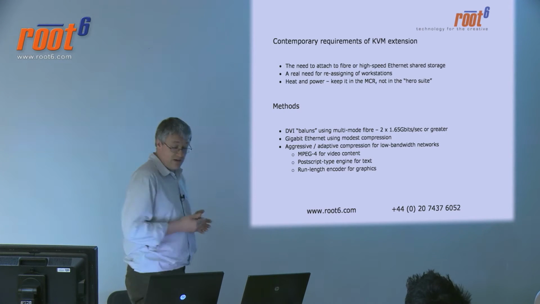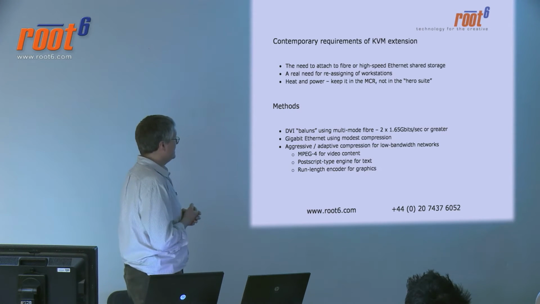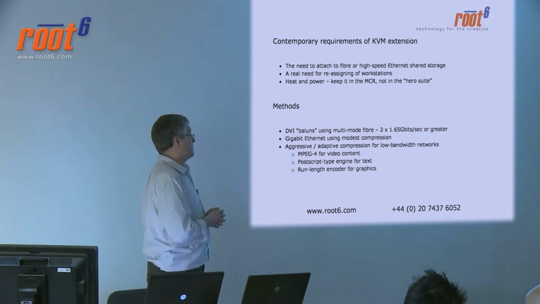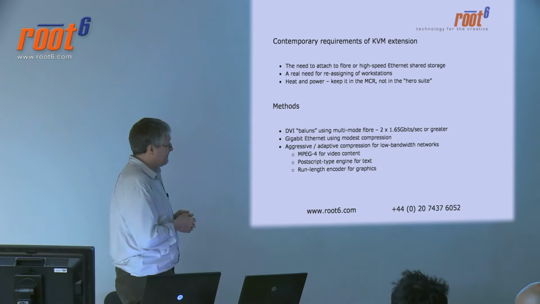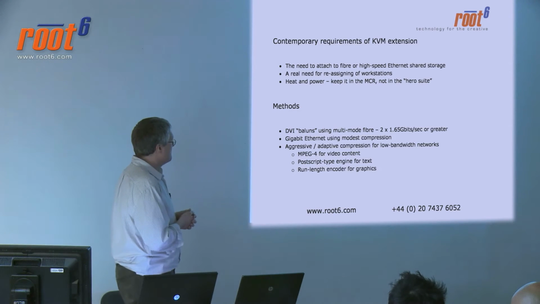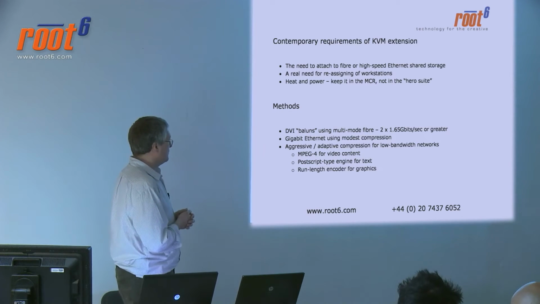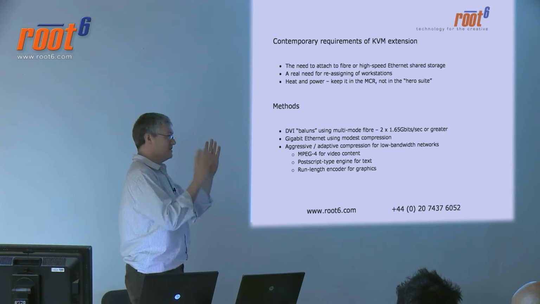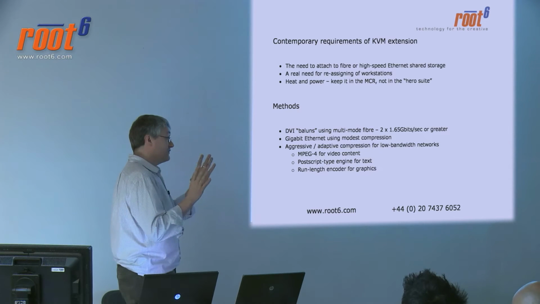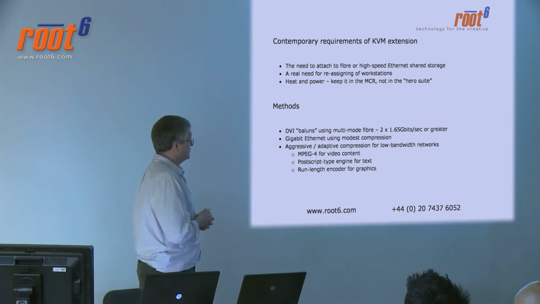Or, in the case of Amulet, which we think is the better way to do it, you can use very aggressive and adaptive compression. Typically, for systems based around Amulet, which we're showing today, MPEG-4 is deployed for any video content found within the interface. So on your Avid Media Composer, the playback window, the system will identify that as video and use something like MPEG-4 to compress that.